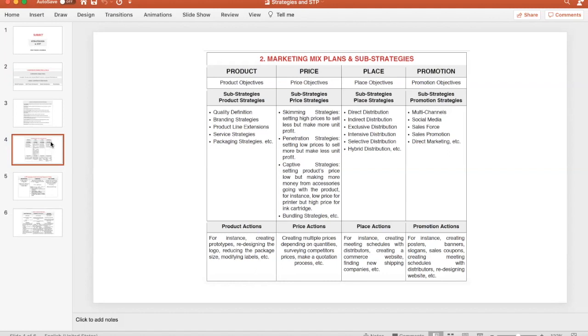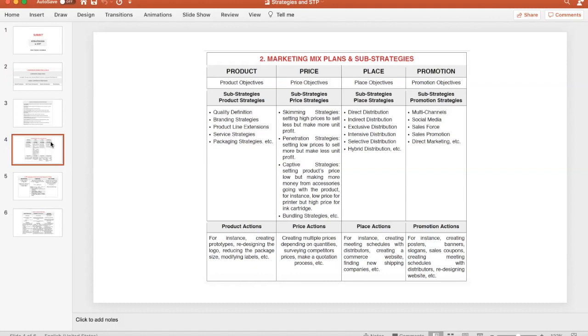In place, or distribution, you have sub-strategies, which is either to sell directly to the consumer or to use intermediaries, so it's direct versus indirect. And then you have issues related to the number of channels of distribution you're going to use. The more distribution channels, the more intensive the distribution strategy, versus having maybe 50% of the distribution potential, which will be selective, and then exclusive will be selling to just one very specific distributor within an area.